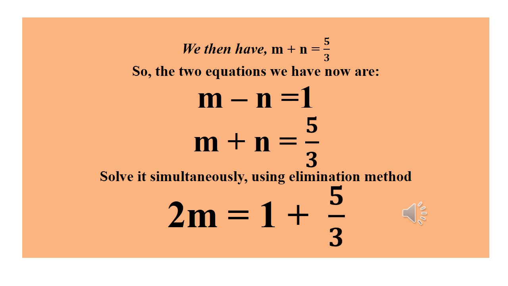But when the signs are the same, like plus and plus, or minus and minus, you are going to subtract. So that is why we added the variables together, because the signs of n that we are eliminating are not the same. We have plus n and minus n.